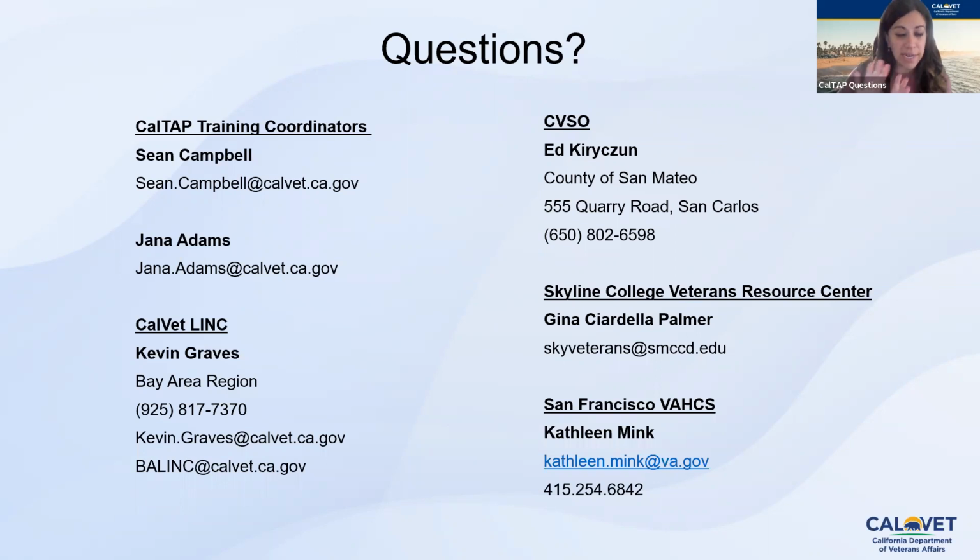You do want to check with whatever school your dependents are going to attend, because every once in a while schools can have their own jurisdiction on making some of those decisions. But typically, the veteran themselves does not have to be a resident in California, but the dependent does have to have California residency. Please correct me if I'm wrong on that.